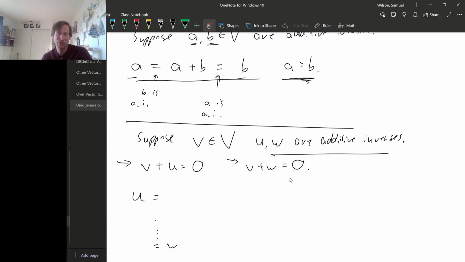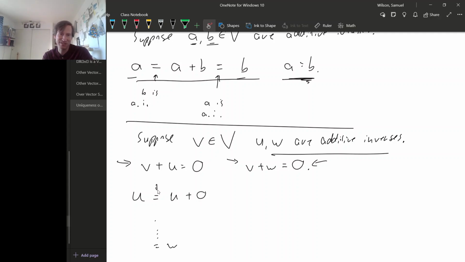Well, if you look at this second one here, the additive identity is right here at 0, and we can make the additive identity show up anywhere we want. So we could add a plus 0 here.